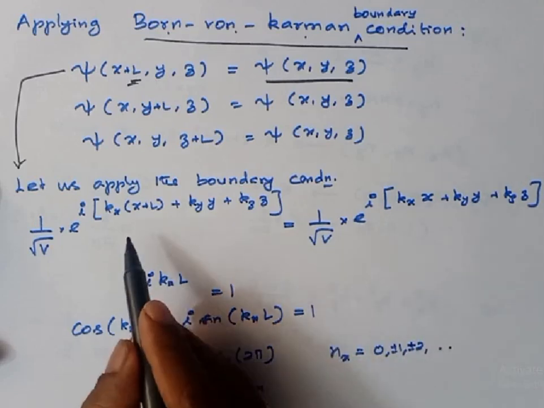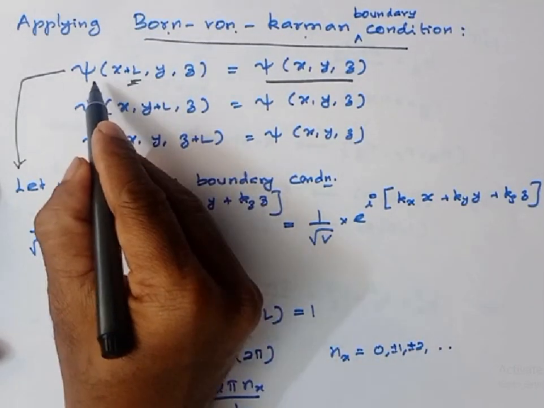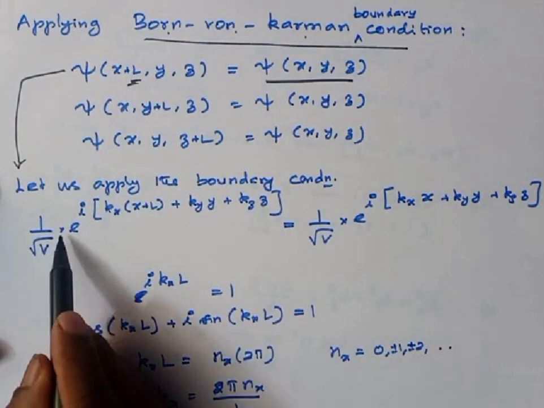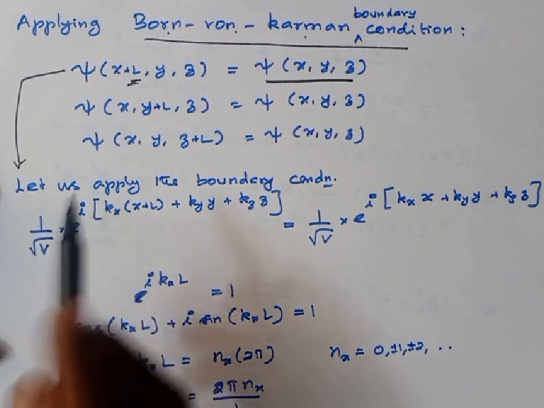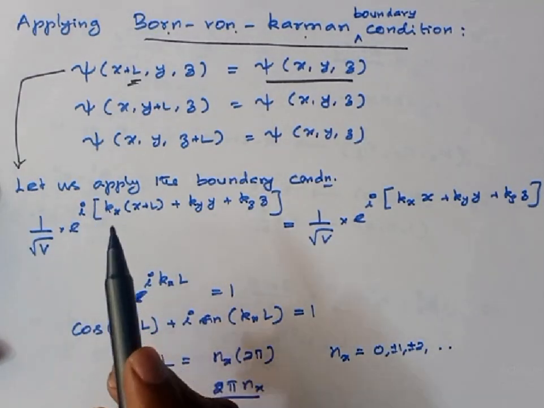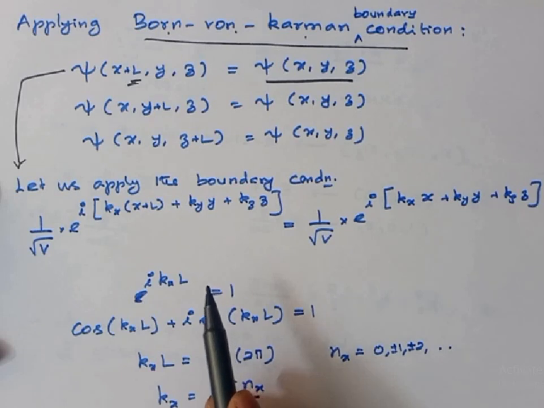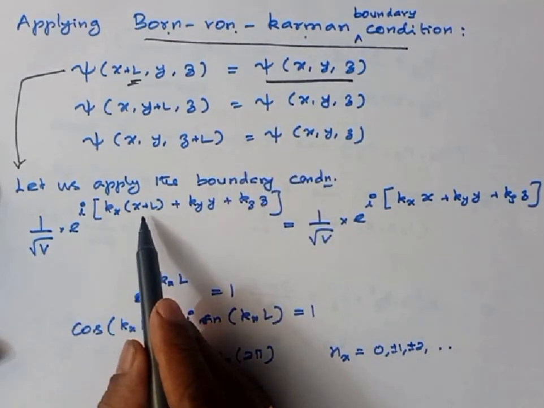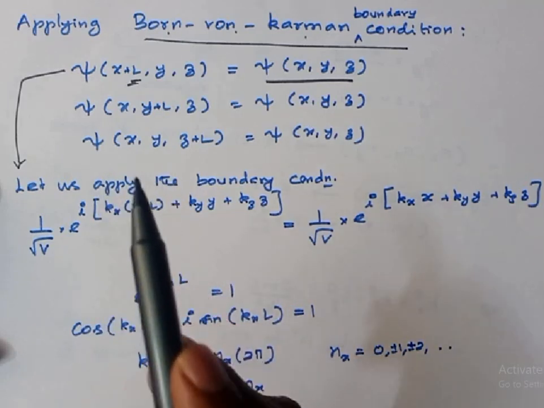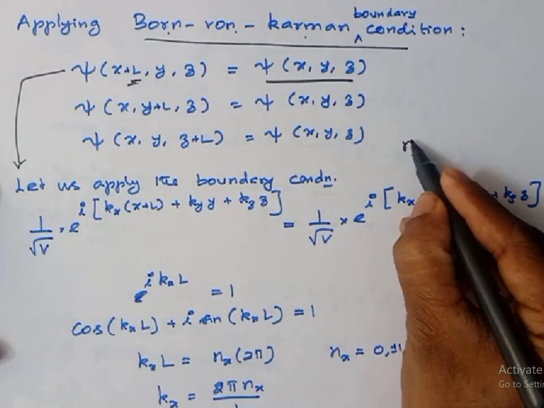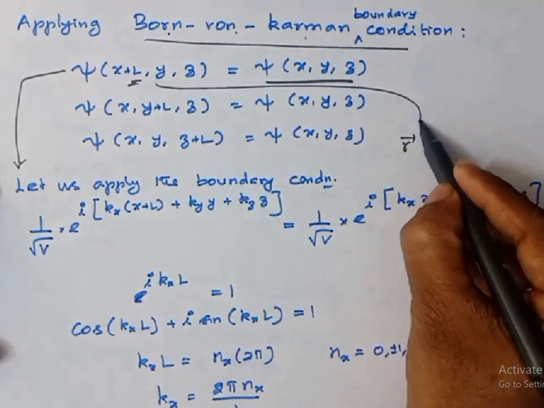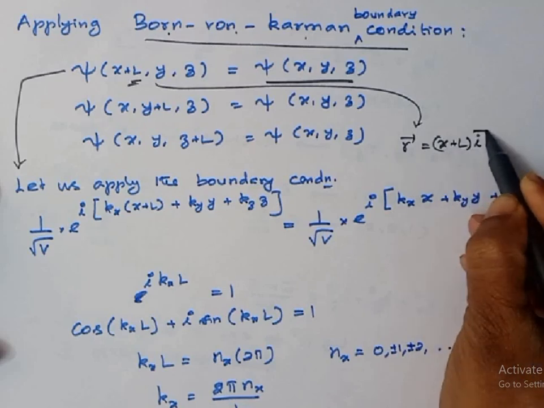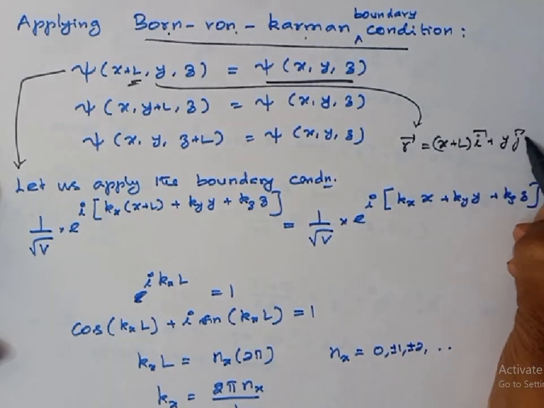Similarly, the wave function psi of x plus L comma y comma z can be written as 1 by square root of V e power i k dot r. But here r is not just x, it is x plus L. So r vector is nothing but (x plus L) i vector plus y j vector plus z k vector.